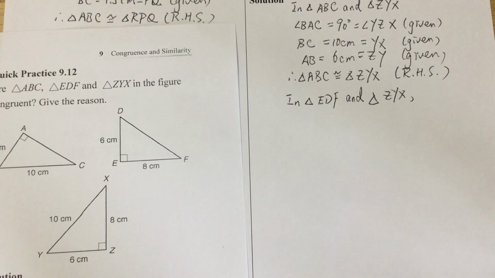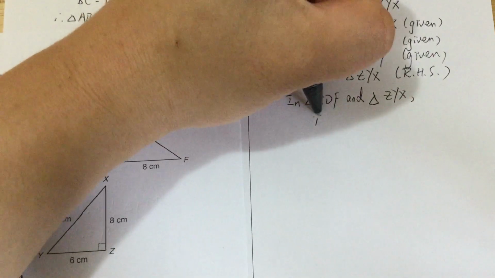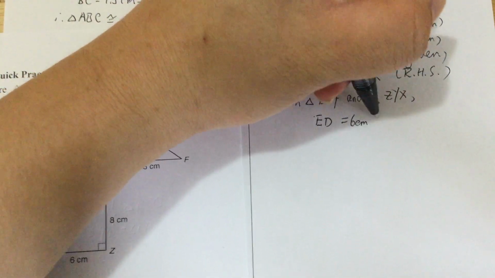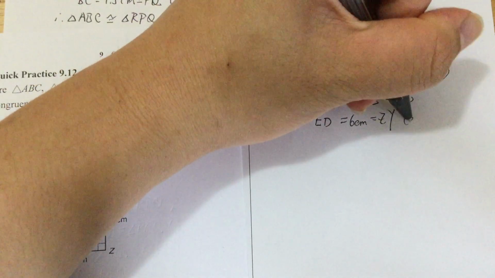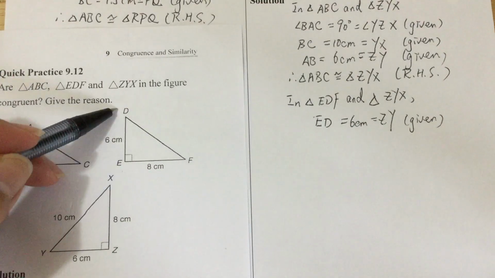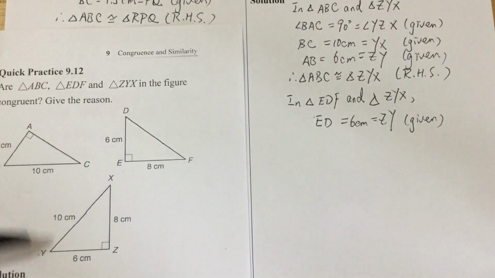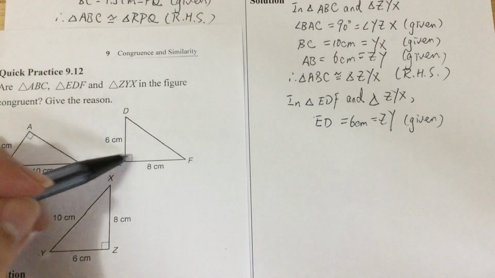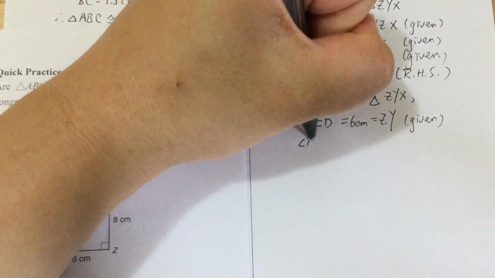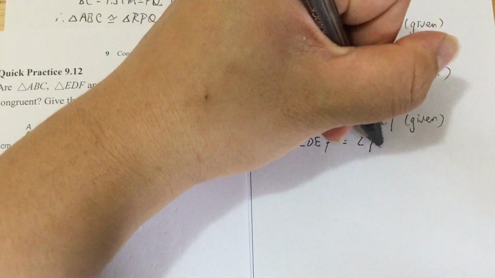Once again, this time is SAS. So we will have the side first. This one, ED is equal to 6 cm equal to ZY, given. Okay, ED, ZY, we are given. And then we have the right angle. So this one is angle EDF and this one is angle YZX. Angle EDF is equal to angle YZX.